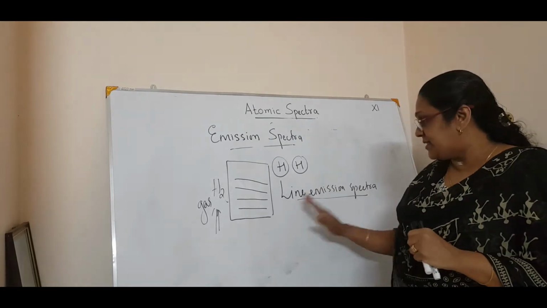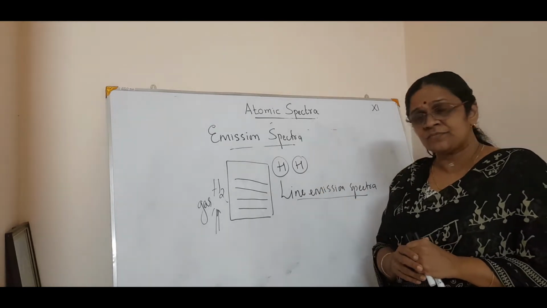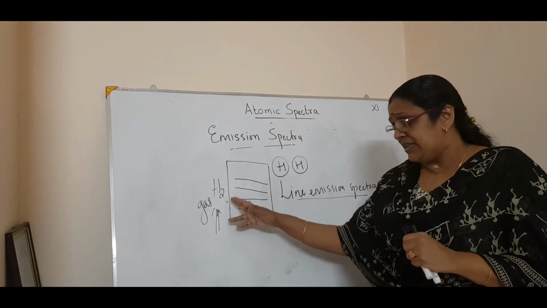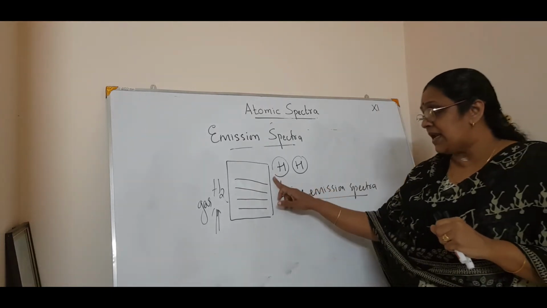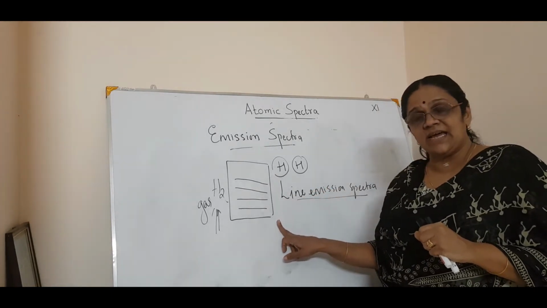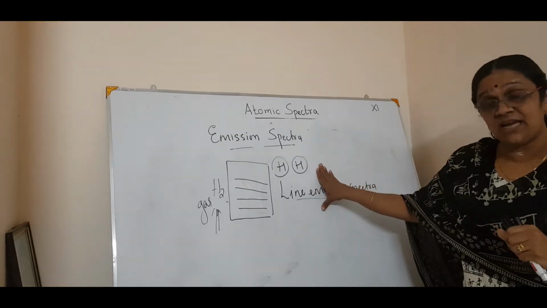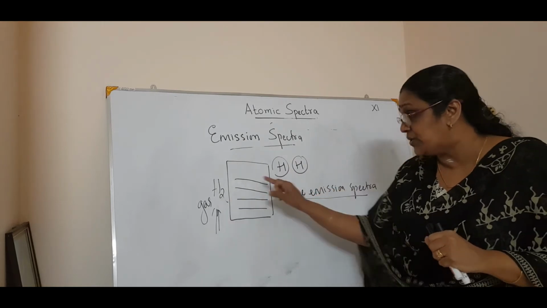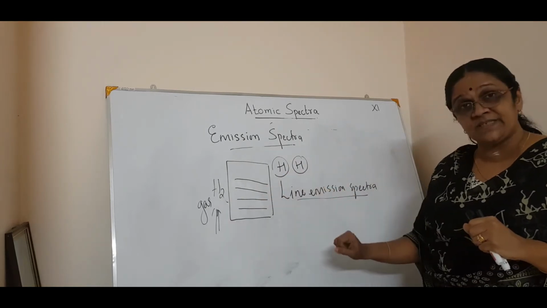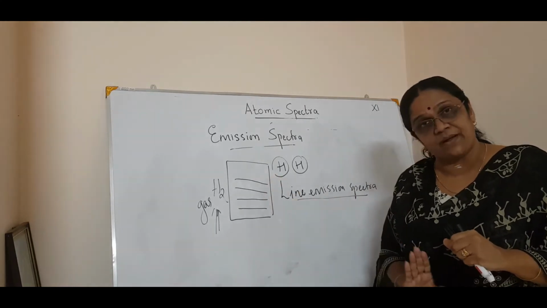Okay, now we will see more about this hydrogen spectrum. As I already told you, when this hydrogen gas is heated or irradiated, it forms lines which is called the line spectrum. In the case of hydrogen, the hydrogen molecules get excited to form hydrogen atoms, and these hydrogen atoms will emit radiations and form this emission spectrum.